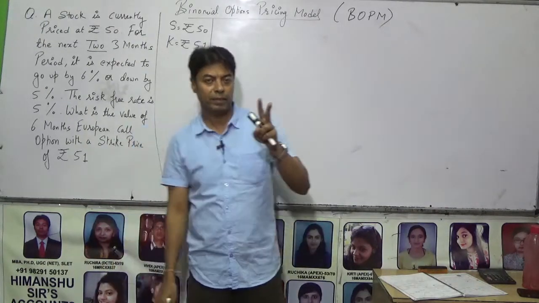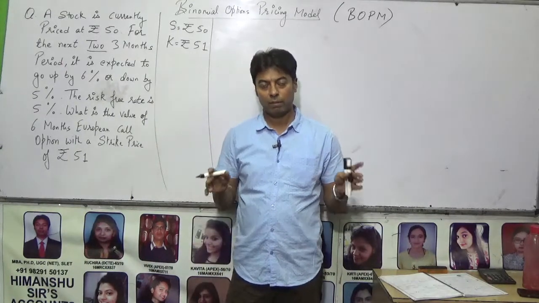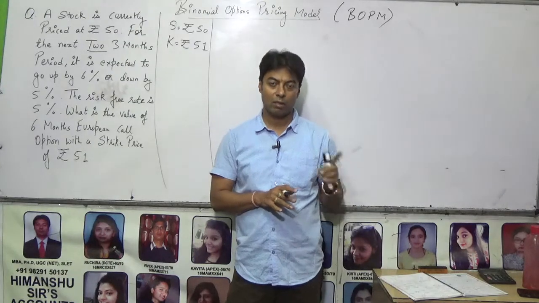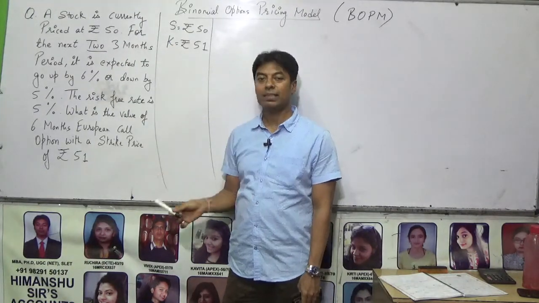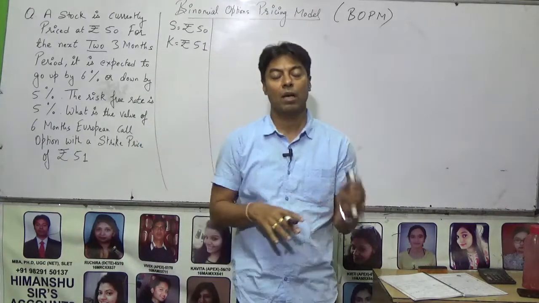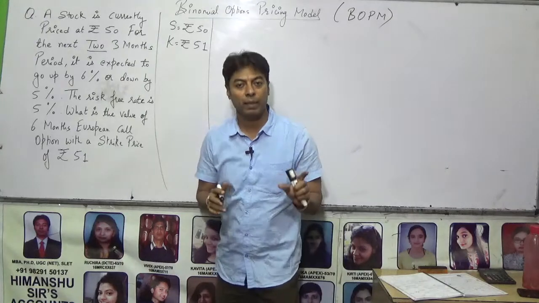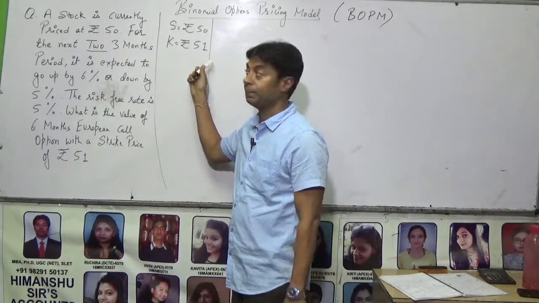Now the difference between the two: the spot price refers to the current market price of the stock, which is 50, and the strike price refers to the exercise price on which the contract is made, which is rupees 51.